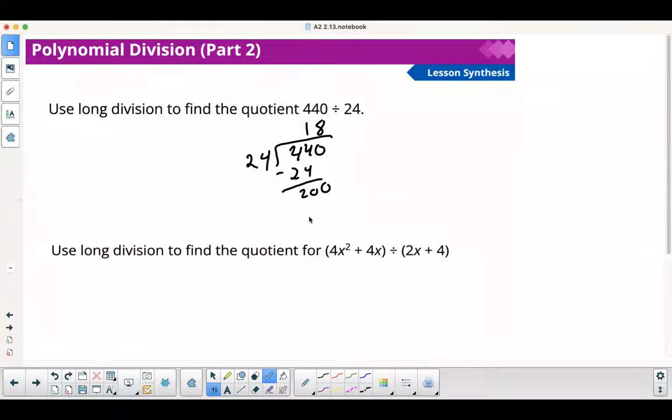That would be 8. 8 times 24 is 192. And I subtract and I get a remainder of 8. So you could write 18 remainder 8. Or you could put the 8 over the divisor, 8 over 24, which would reduce as well.